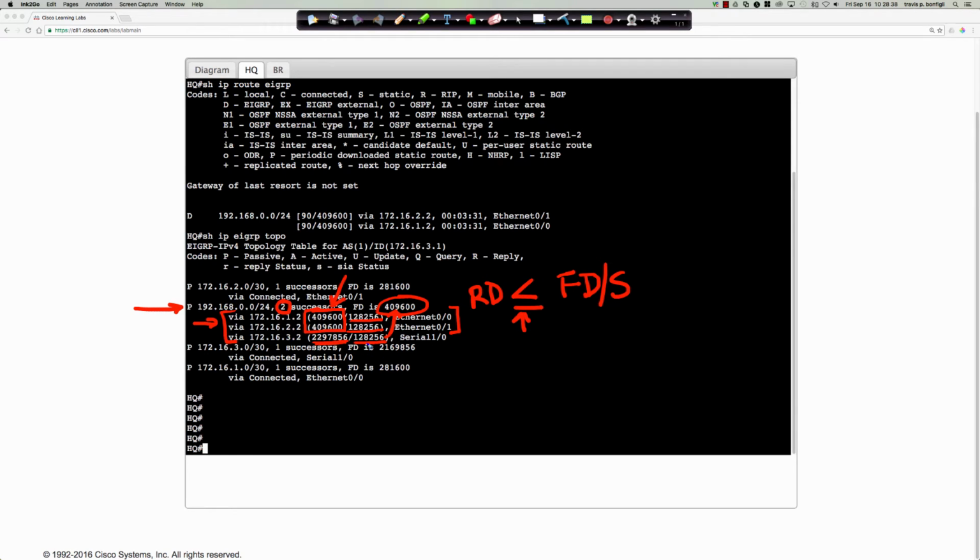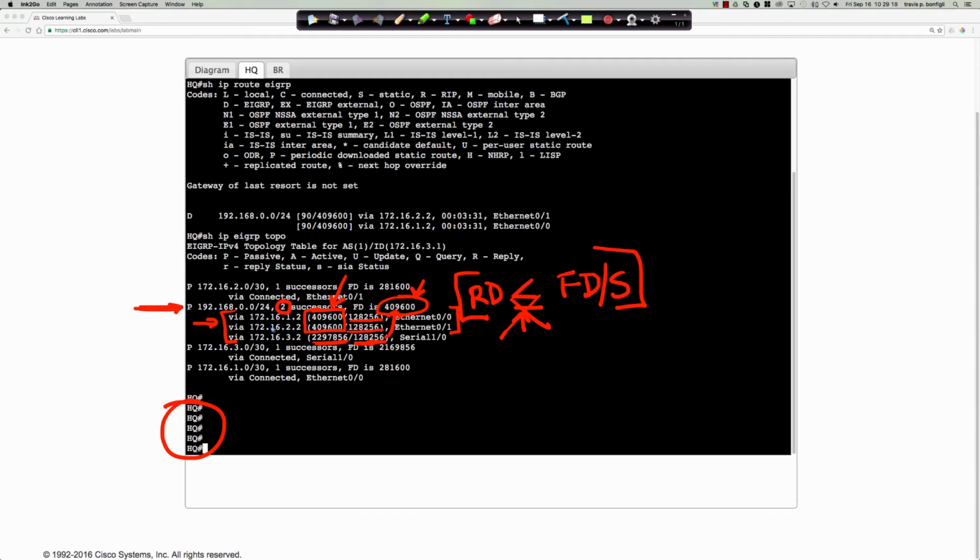What we're saying is if your reported distance to get to that successor route is strictly less than my feasible distance to get there, it is mathematically impossible that you would be looping through me, the HQ router, in order to get there. That's mathematically not possible, and that is how the loop freedom is guaranteed. Remember, strictly less than, not less than or equal to. It's got to be less than.